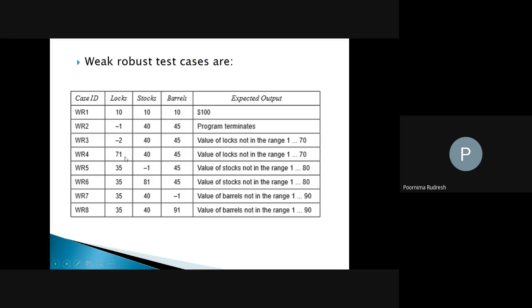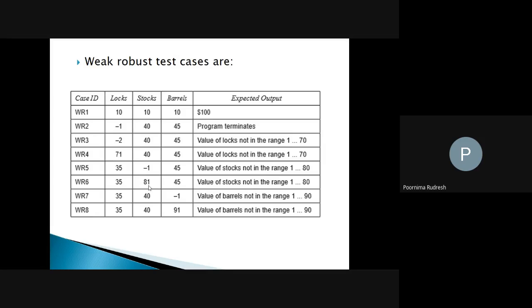Similarly, we'll consider the maximum range, 71. So what is the value of the maximum range for the logs? It is 70. 71 is not in the range, hence it will display the error message. Similarly, for the stocks -1, it will display the error message. Or if it is 81, then also it will display the error message. Why?